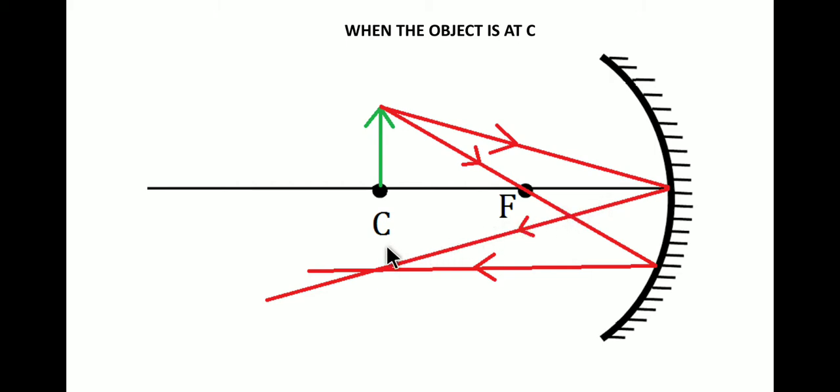And when these two rays intersect over here, the image will be formed at this point, but again the image will be upside down, and the image is formed at the center of curvature. Okay, and the image will be real again, inverted.